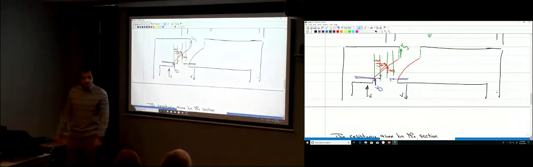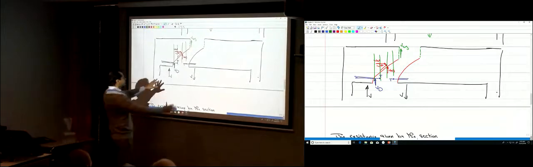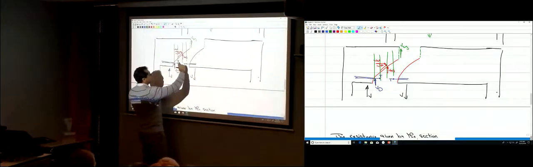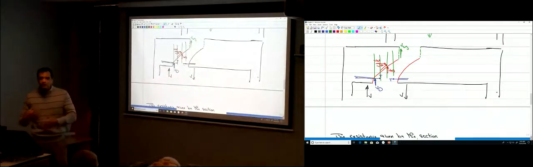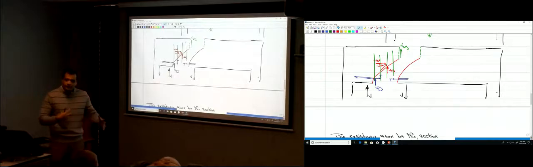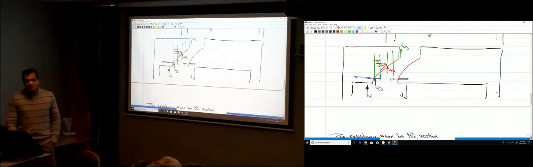So if the shear force, V here, is larger than VC, you need to provide some shear reinforcement to help the concrete. The concrete alone is not enough, so you need to resist this force by some stirrups.